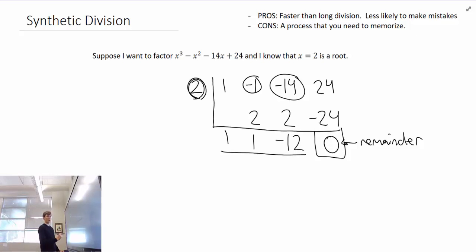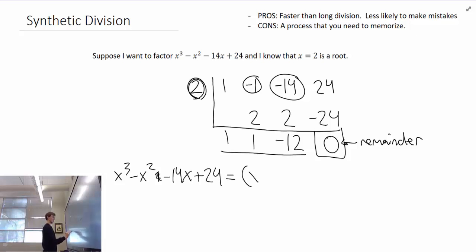Okay, so I'm just going to write again, what has this taught me? This has taught me that my starting polynomial, x cubed minus x squared minus 14x plus 24, equals x minus 2, and here's where I read off these numbers, times 1 times x squared plus 1 times x minus 12.